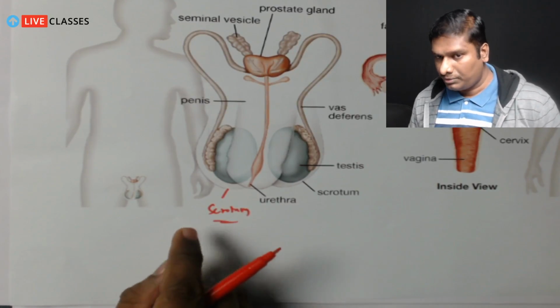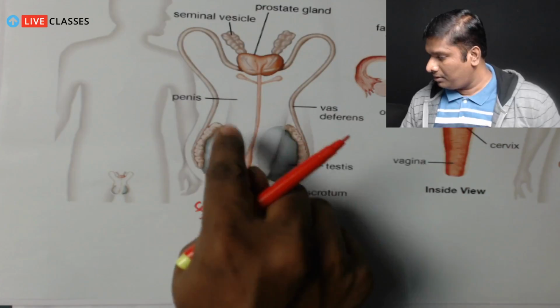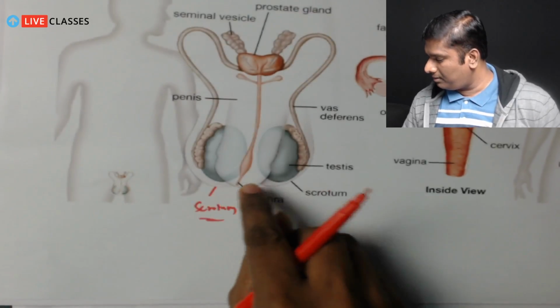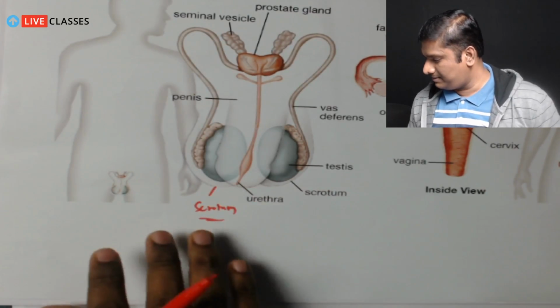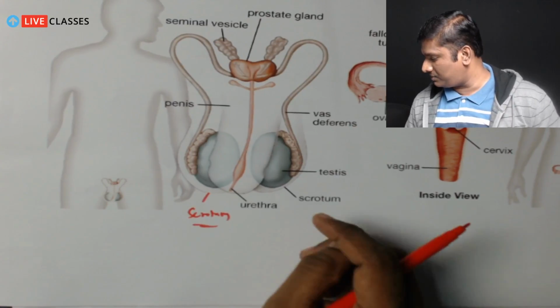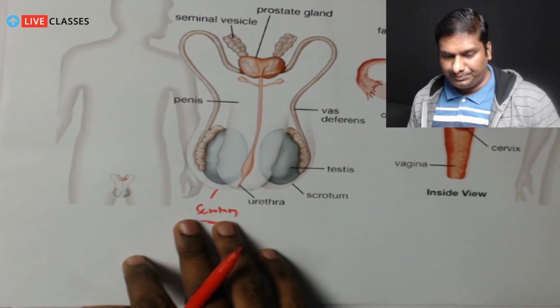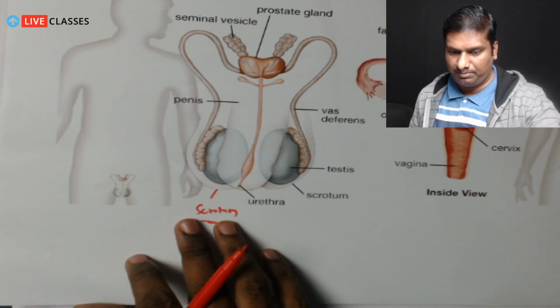This is in the case of males, of course. In the male reproductive system you'll find two testes present in sac-like structures called scrotum, the skin pouch.